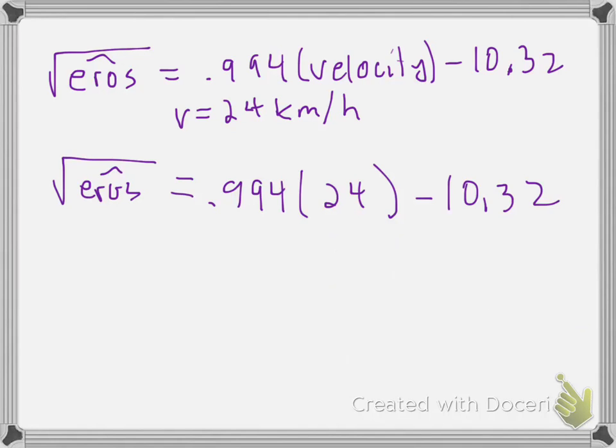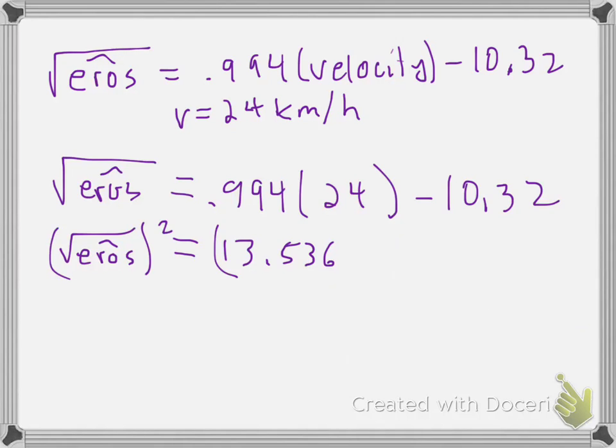So I put that in there, and I get the square root of the predicted erosion is 13.536. I'm going to have to square everything because I want the erosion, not the square root of erosion. And when I do that, I'm just going to put that in the calculator here.